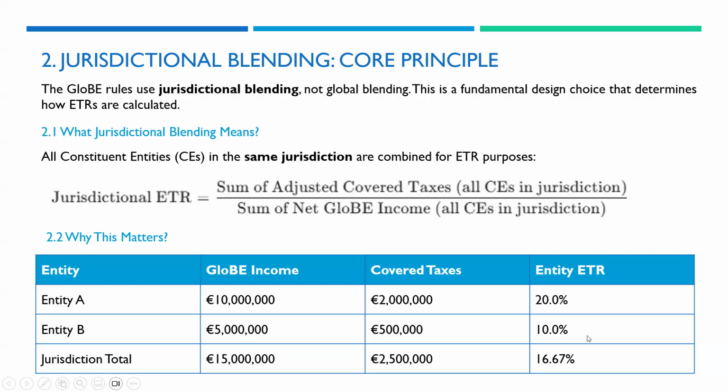So this is a good relief, right? If you aggregate it, total it, you see that it is 16.67%. So that means that on average, I have paid 16.67% of taxes to that jurisdiction's tax authority. So I am kind of correctly taxed there. I am not a low tax constituent entity. So this is why there is jurisdictional blending.